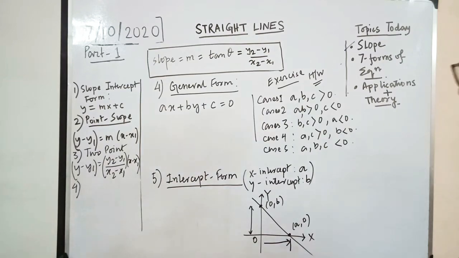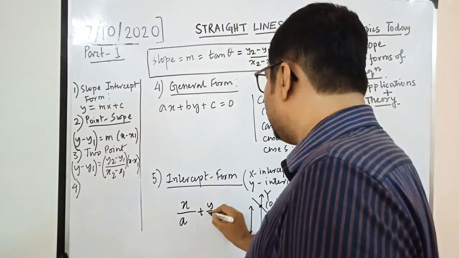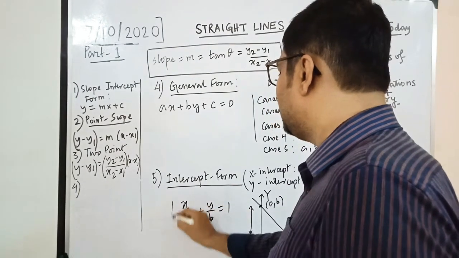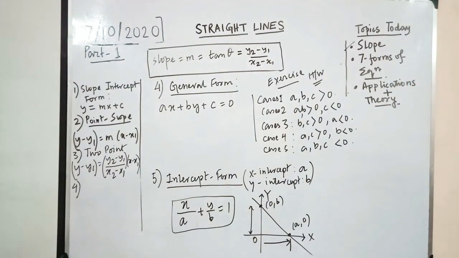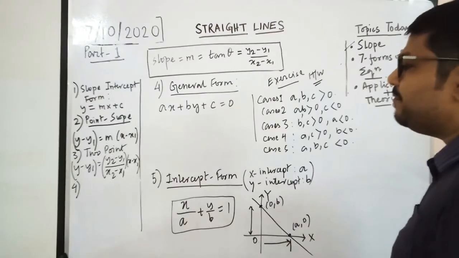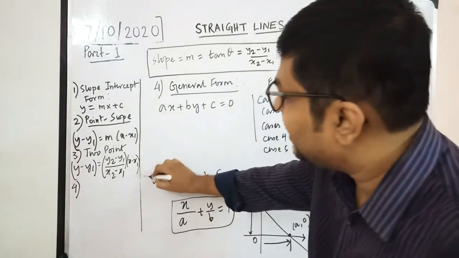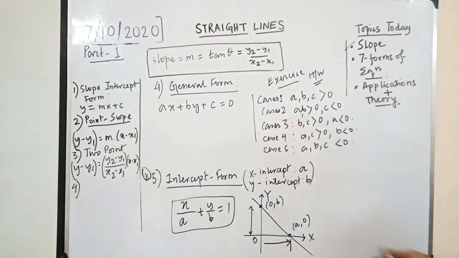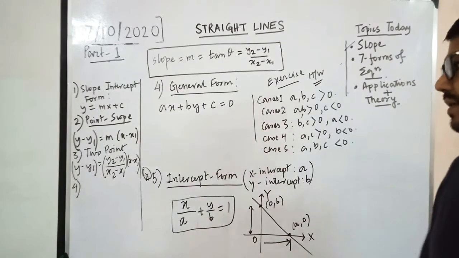So the equation of this kind of line is x by a plus y by b is equal to 1. It's very important that x by a plus y by b equals to 1.